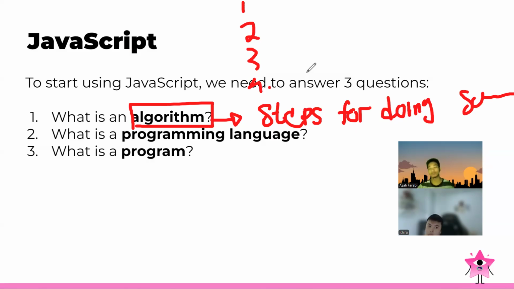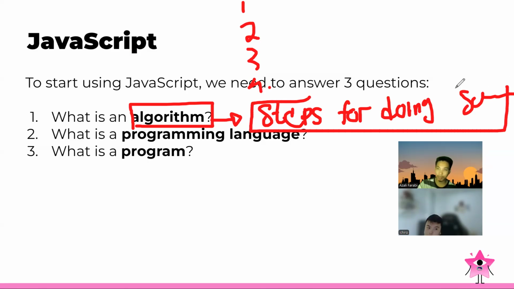That's algorithm. And it has a goal. Maybe you have an algorithm for creating noodles, for solving a problem, for making a cake, something like that.